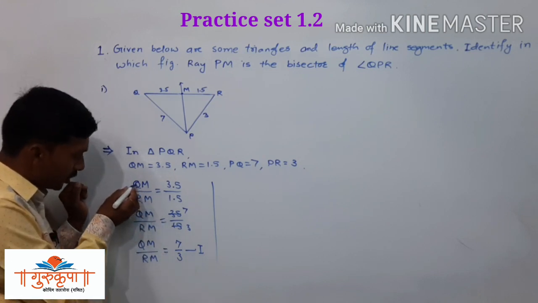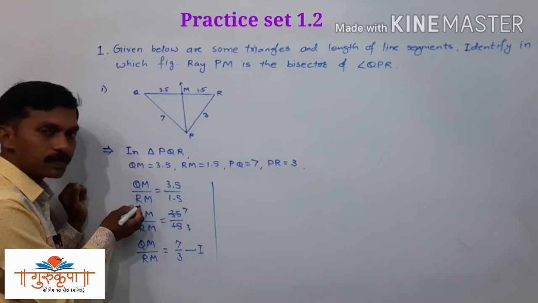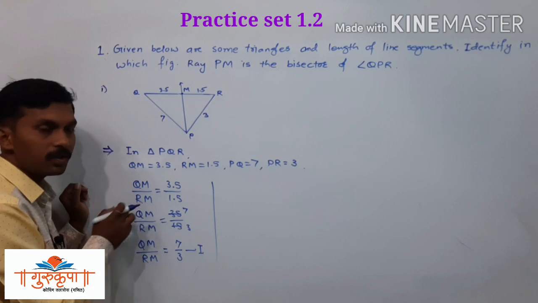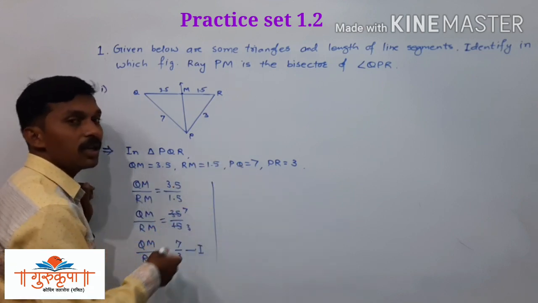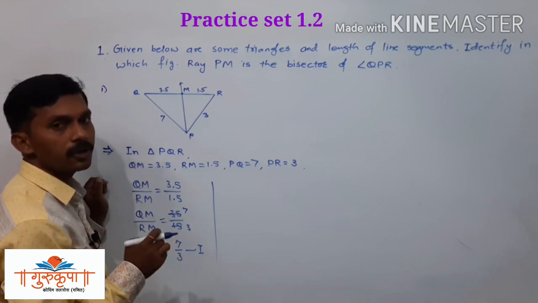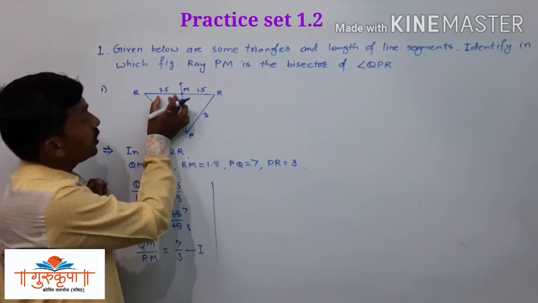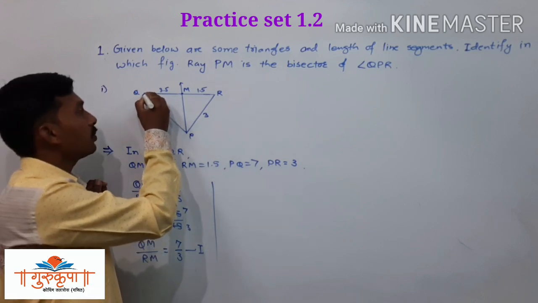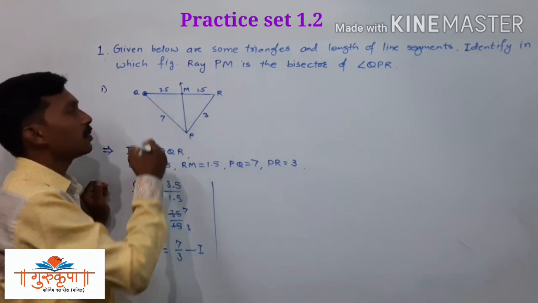Since we write this ratio as QM upon RM, while writing the other ratio, we have to think about the correspondence. That is a very important thing. See, this ratio we write as QM upon RM, so we have to start from this corresponding point.